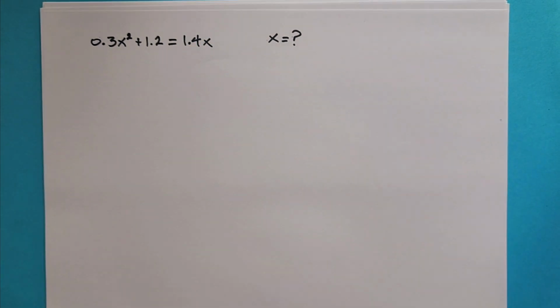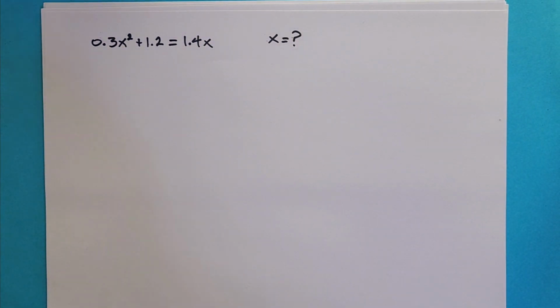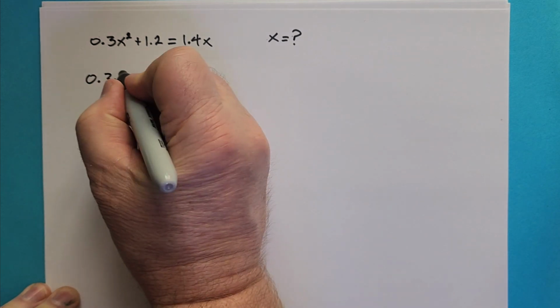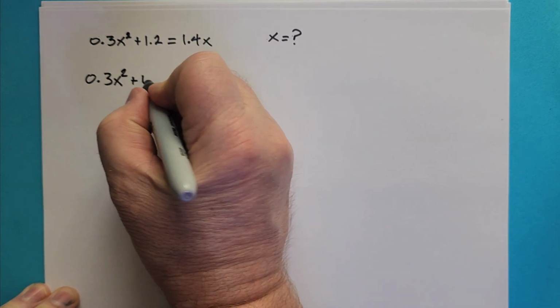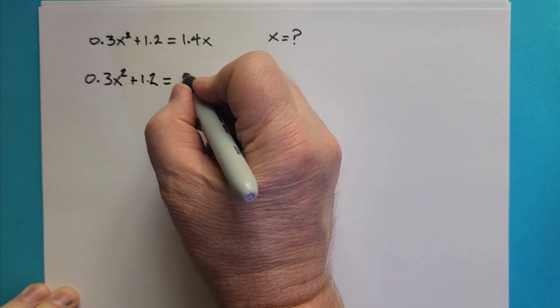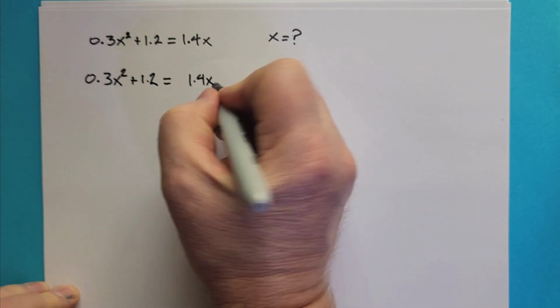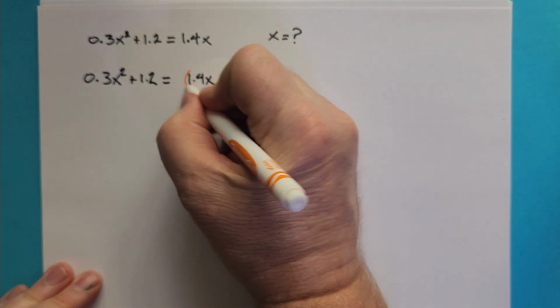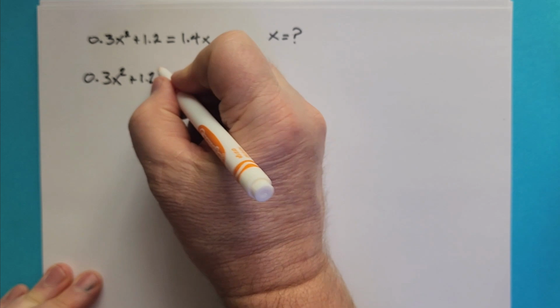So we can definitely just scale this by 10. So I'm going to go ahead and rewrite the equation. And I left myself some room to go ahead and multiply both sides of the equation by 10.